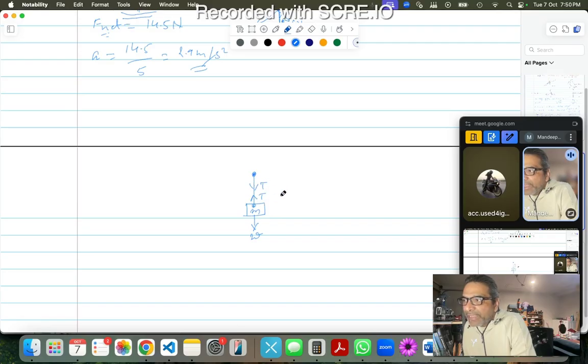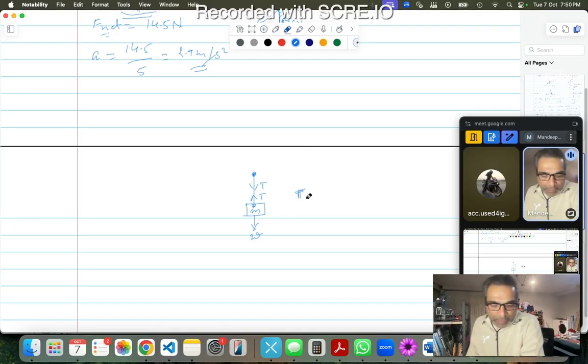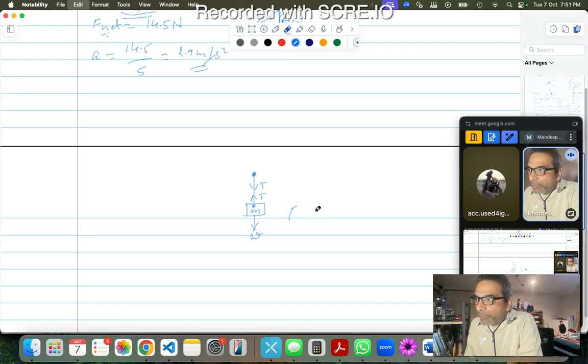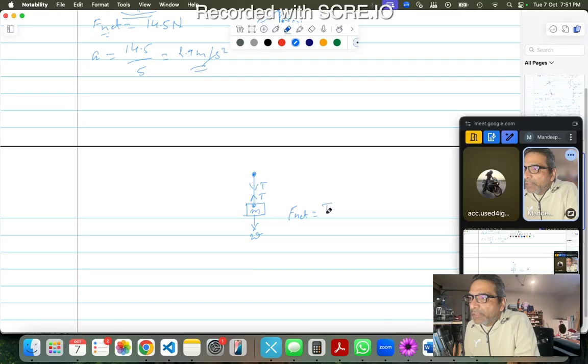They are both canceling each other, because it's not moving. That means the F net, in this case, is going to be T minus W because of the direction. If I draw a free body diagram, the T is acting upwards and the weight is acting downwards. Just opposite directions, so we use T minus W.